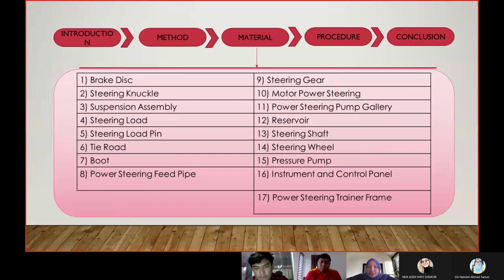And the next one is steering shaft, steering wheel, pressure pump is for the gas, dissolved gas. The next one is instrument and control panel. And last but not least, the component that we use in the experiment is the power steering tunnel frame. Next slide.